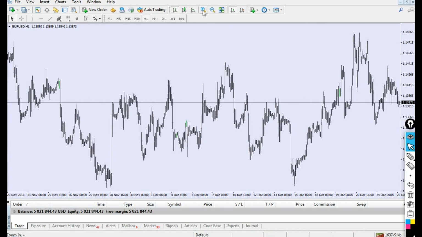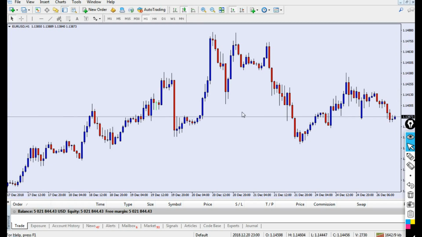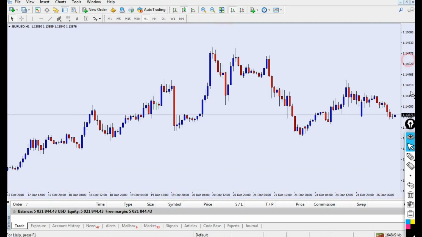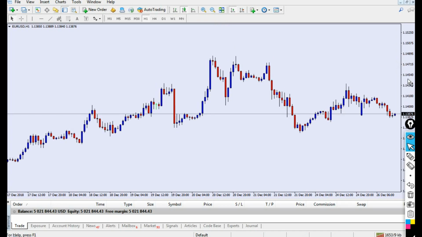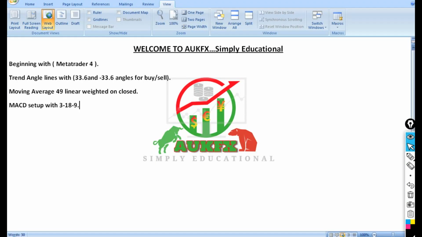Now it's plain, it's set to H1, and we are taking candles here. Now it's simple. Here we can scale easily in and out. So let's start from our topic, number one, beginning with MetaTrader 4.